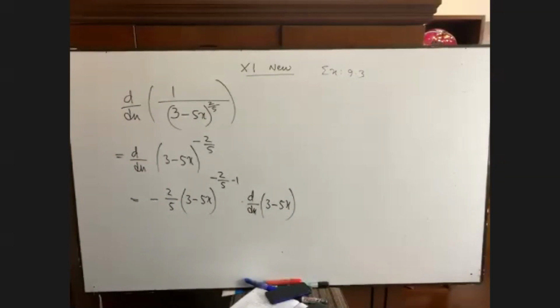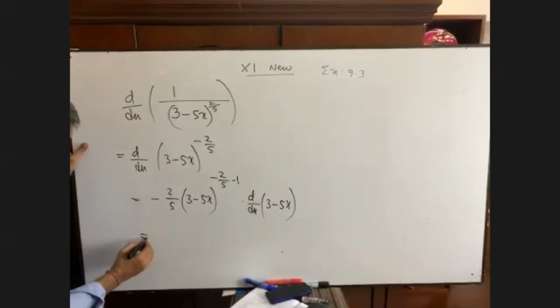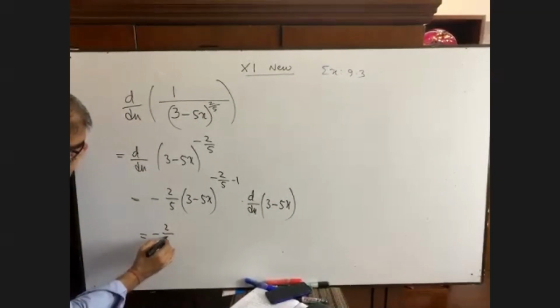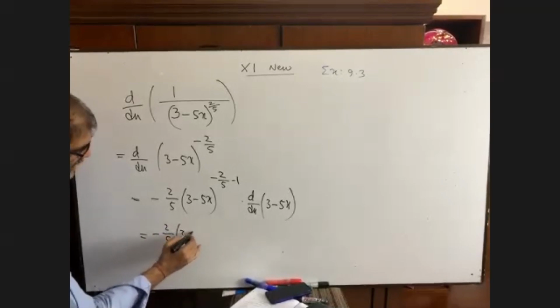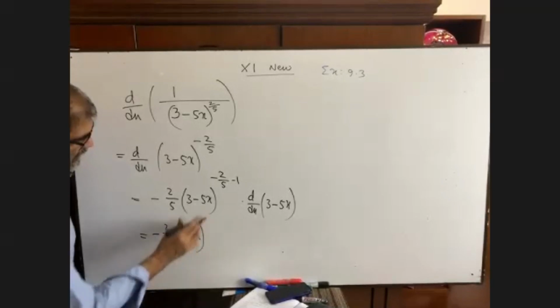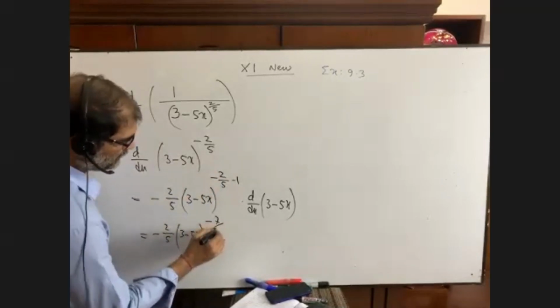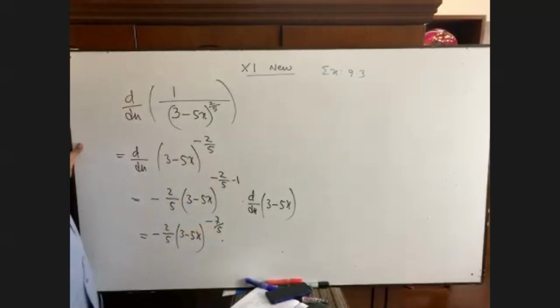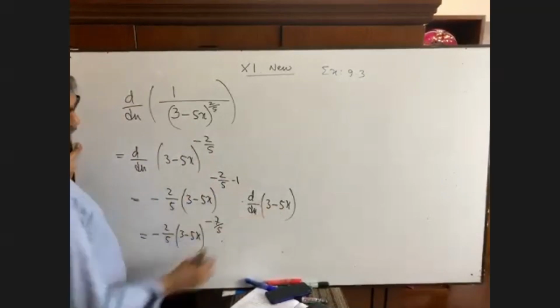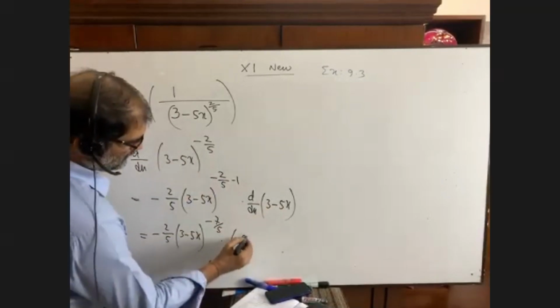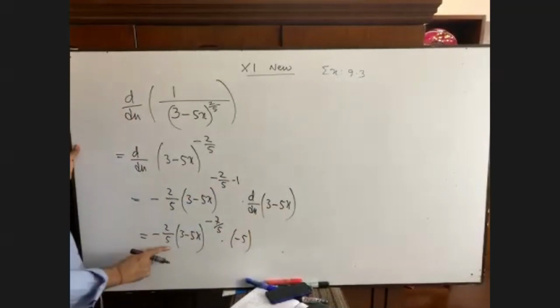I think we are done. That is minus 2 by 5, (3 minus 5x) whole to the power minus 7 by 5. Now it is what? The derivative of 3 is 0, only minus 5. So this 5 will be omitted, minus minus plus.